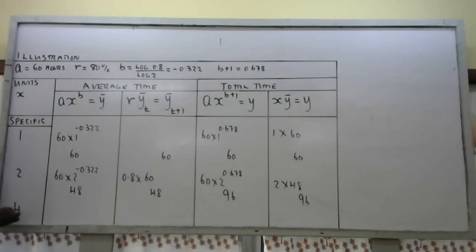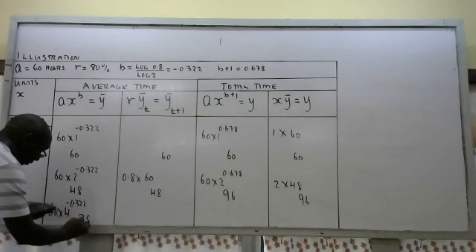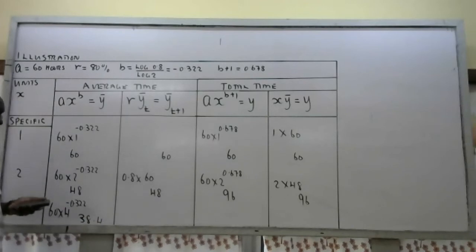Let's do the same for 4. Now with 4, it will be 60 times 4 raised to power minus 0.322. So 4 raised to power minus 0.322 times 60. We get 8.4.